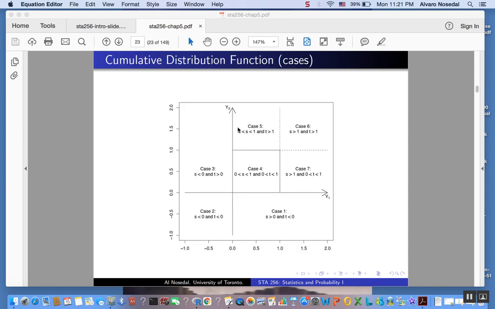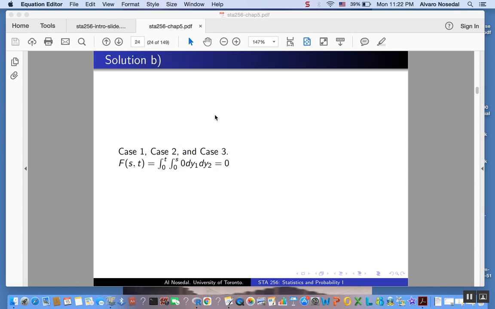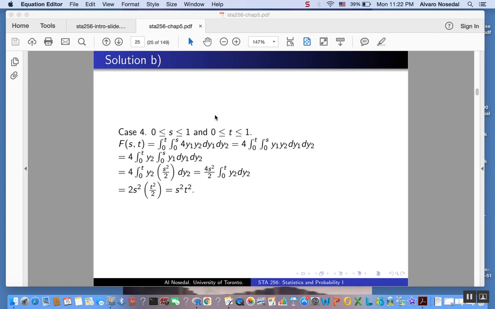I prepared detailed solutions for part B and all the other parts as well, but the one we have here would be case 4, where we're evaluating at 1/2 and 3/4. Those numbers are between 0 and 1, so we have that integral here, and if you use that formula, you will end up with the same solution that we had doing it step by step.